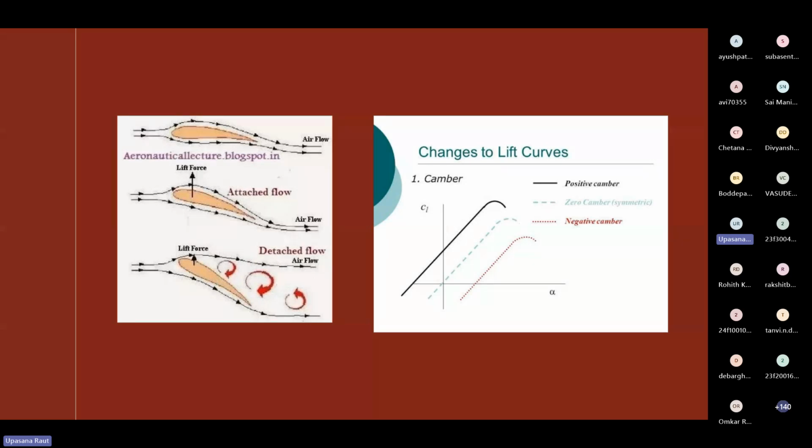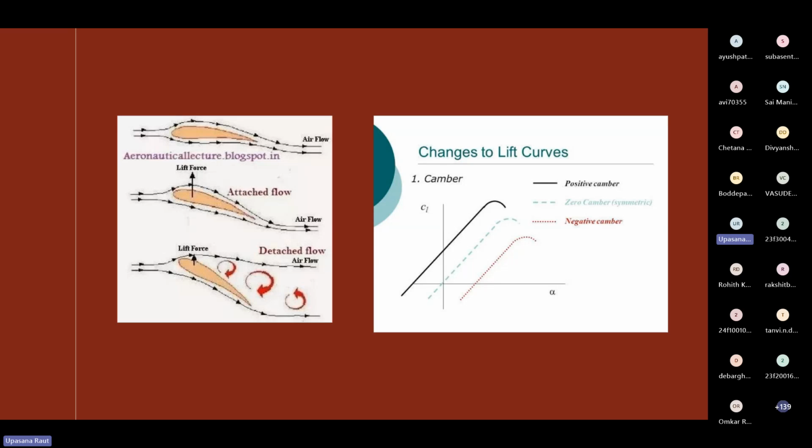We may want a high critical angle, but we can't increase the camber of the airfoil too much. That would lead to instability and create problems in maneuvering. So we need to adjust our airfoil accordingly.